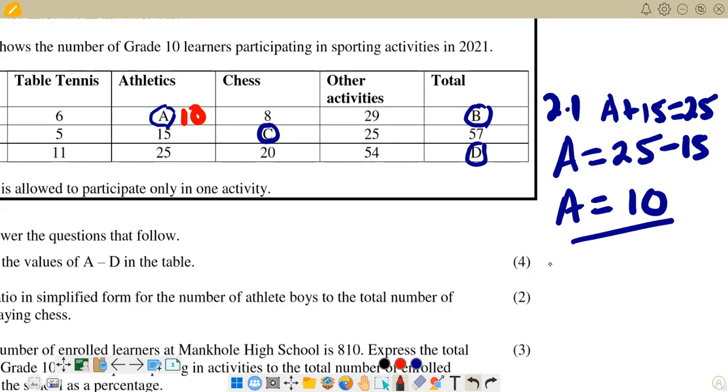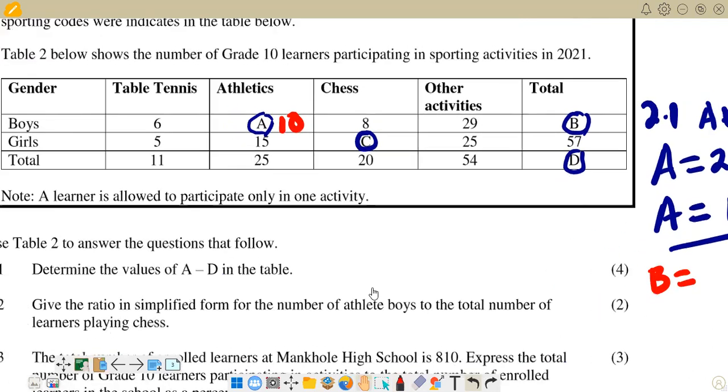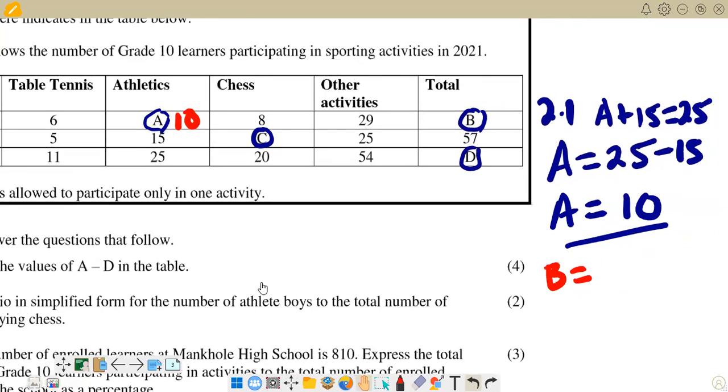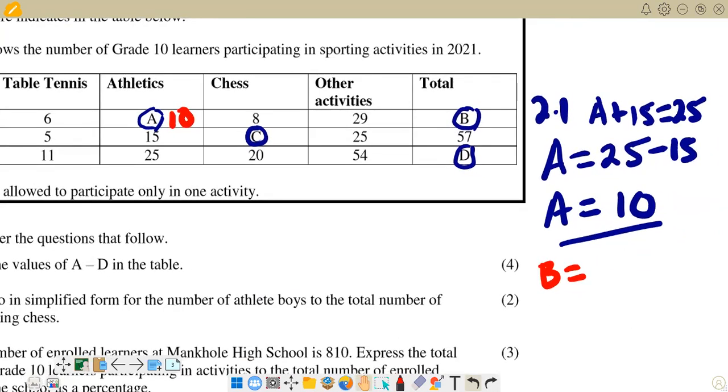So for B, we are saying it's equal to, let's check there. We are starting from 6. So we are now saying 6, then we add our 10 here, and then we add 8 for chess.